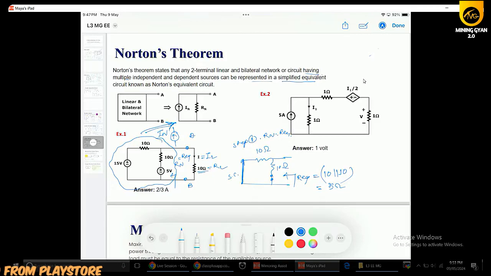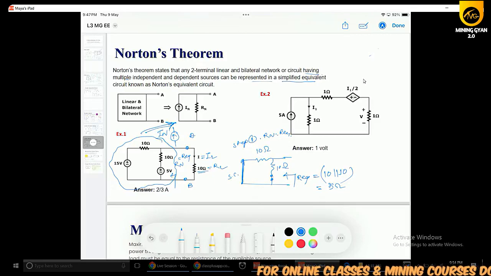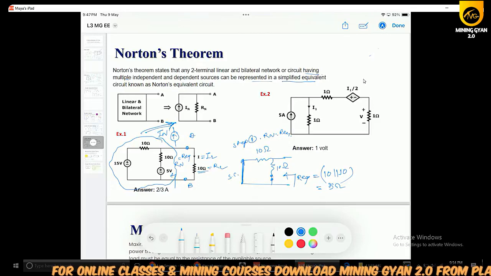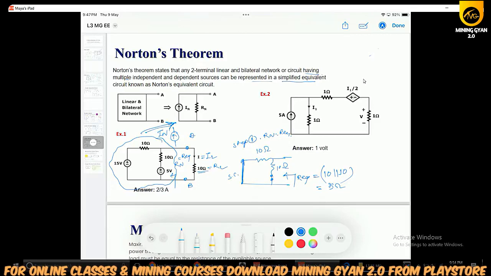As you know that there is no flow of current here, let us say I2 equals 0. If I2 is 0, then what will this current be? The total 5 ampere will flow in this loop only. So I1 and 5 ampere are both in the same direction, so I1 will be 5 ampere only. And your IN will be negative 5 ampere.